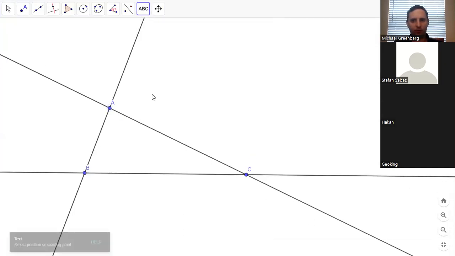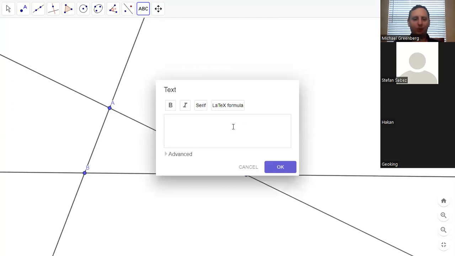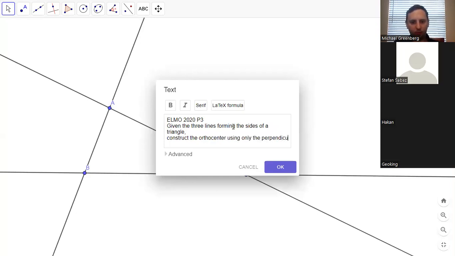So ELMO 2020 P3. Oh, it must be a hard one then, right? Because it's a P3. So, given the 3 lines forming the sides of a triangle, construct the orthocenter using only the perpendicular bisector tool.